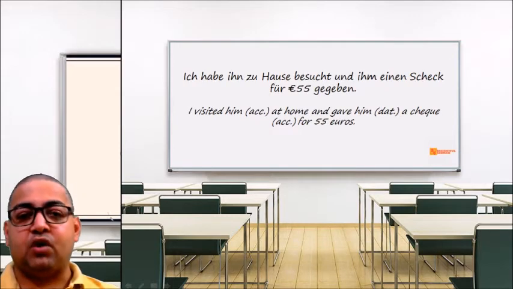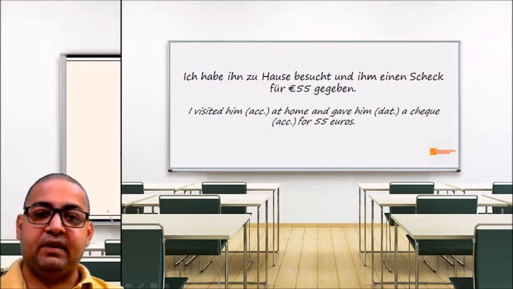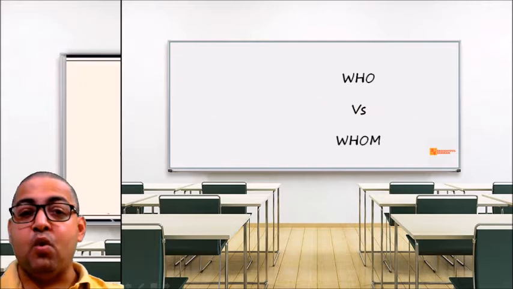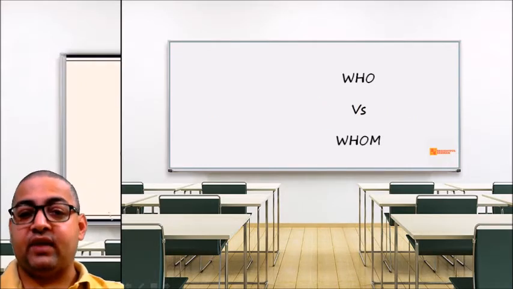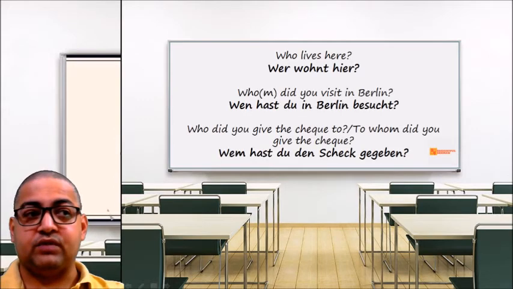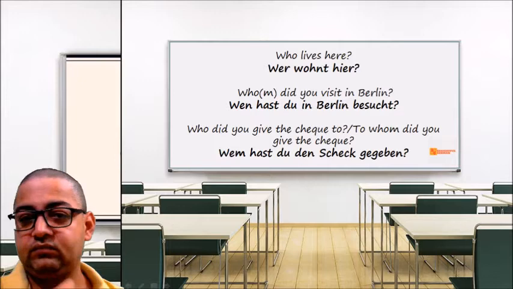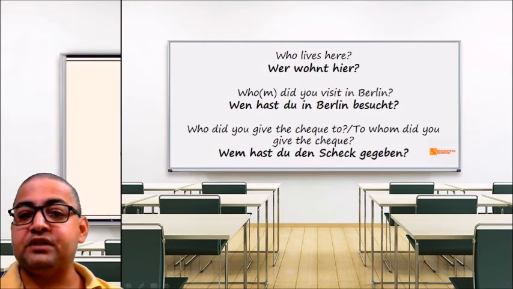We have already covered this in previous chapters. The difference between who and whom, which is now waning in English, is also an example of case, that is nominative versus accusative. Example: Who lives here? Whom did you visit in Berlin?